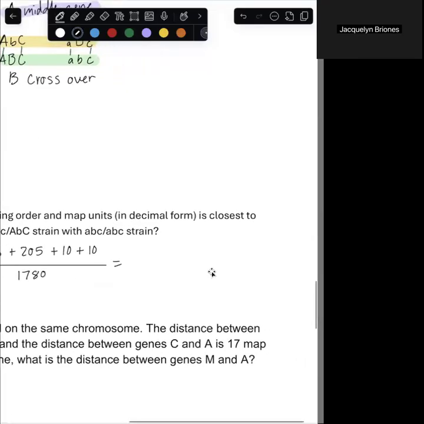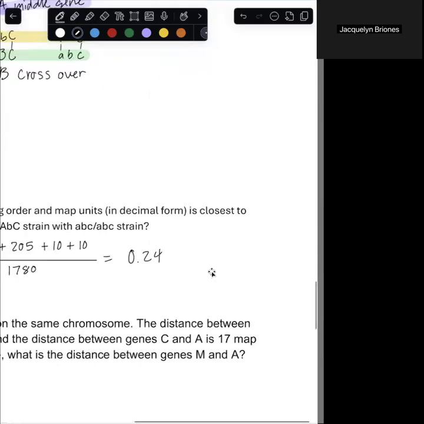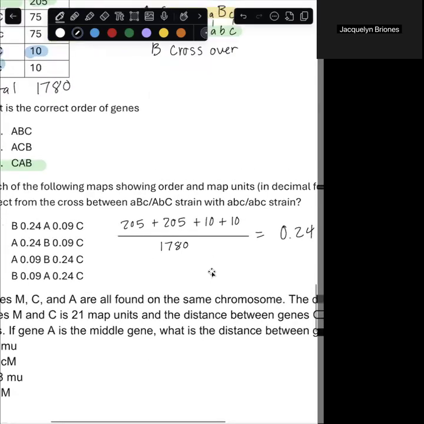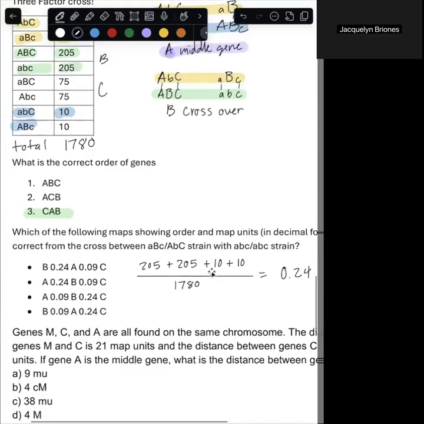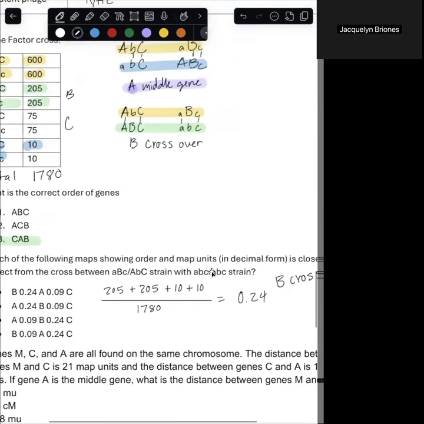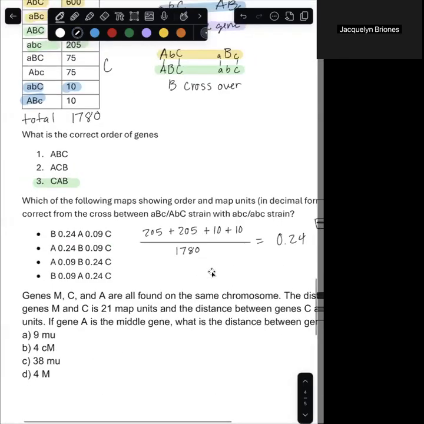Okay, that's 0.24, and this is our B cross. Now we're gonna do our C cross, which if you look up here is 75.